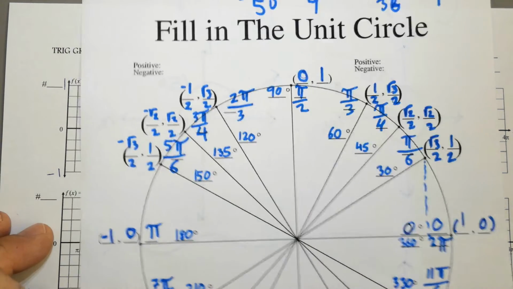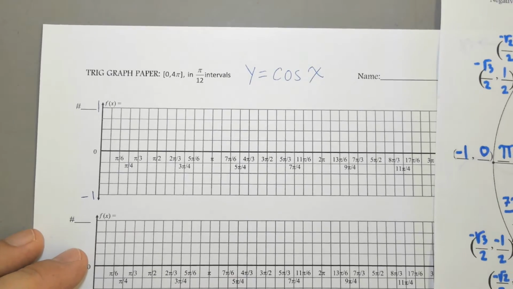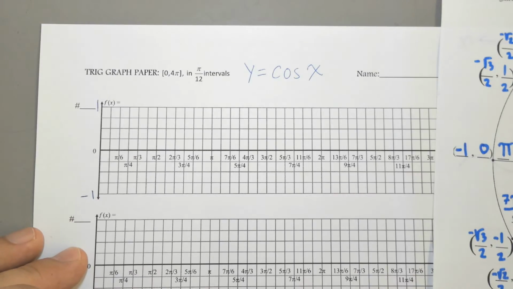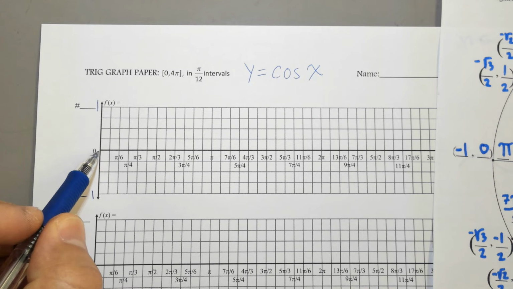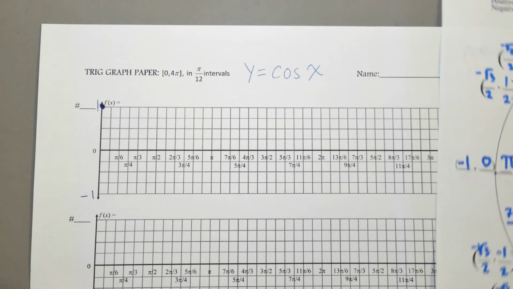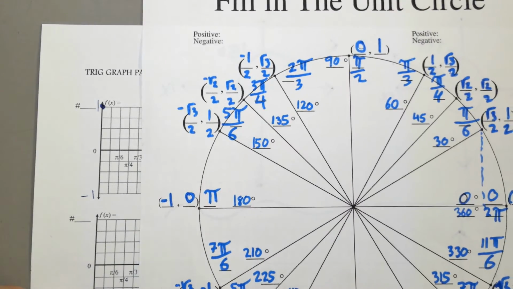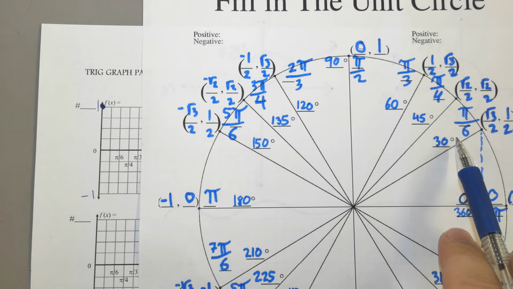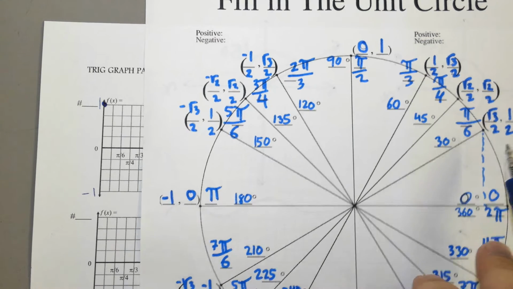So if I am here with my graph paper, again, at 0 radians, I'm going to start at 1. At pi over 6, I'm at radical 3 over 2 now.